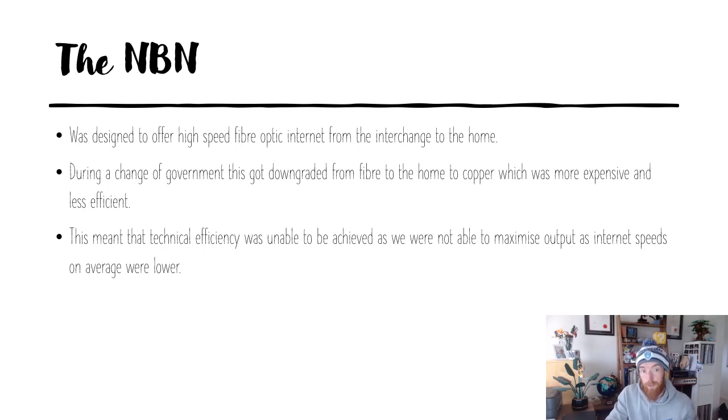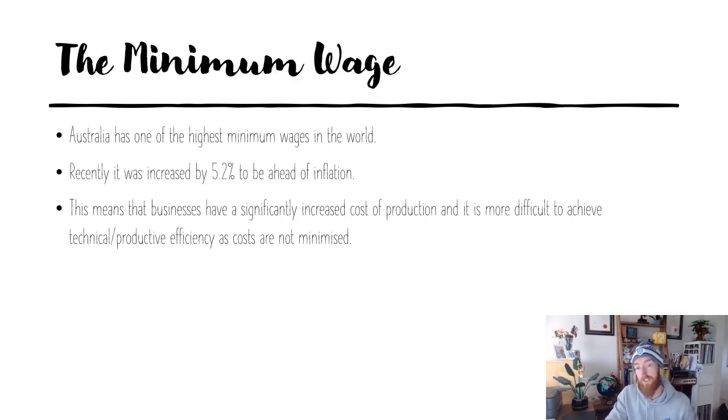The final option that we're going to look at today is the minimum wage. Australia has one of the highest minimum wages in the world. It's recently increased by 5.2% to be ahead of inflation. Since then, inflation has increased even more, so it's probably not actually ahead of inflation, but it's the largest increase in the minimum wage in a long time, if not history.